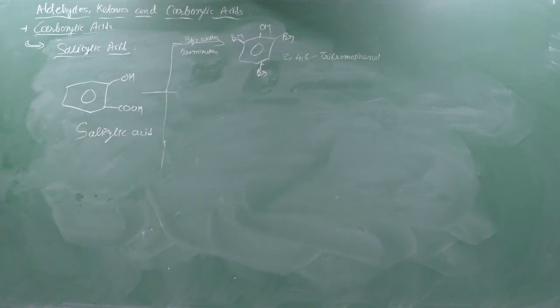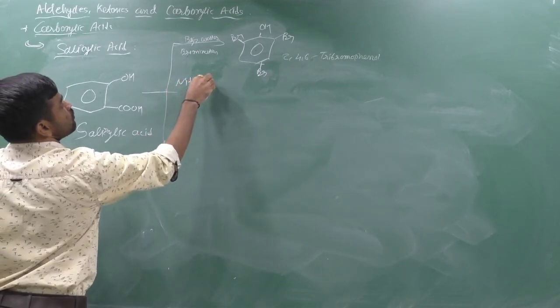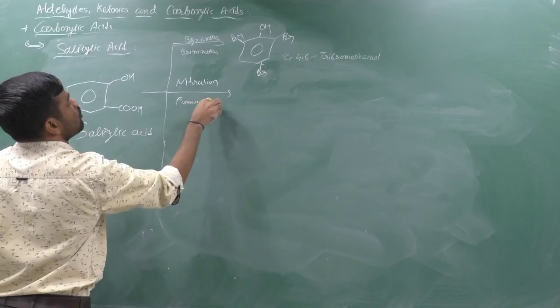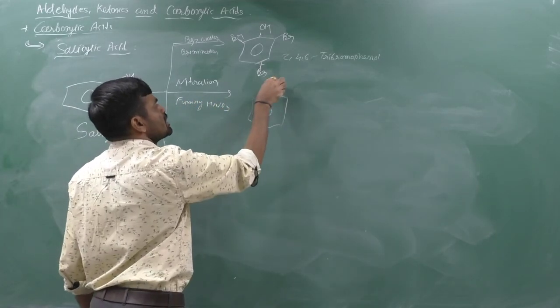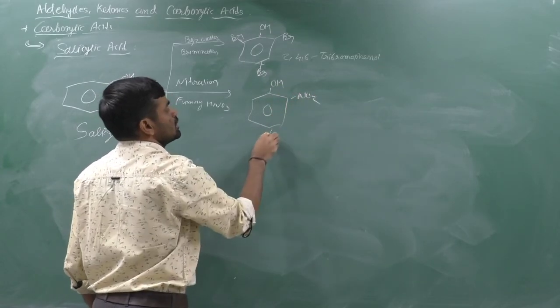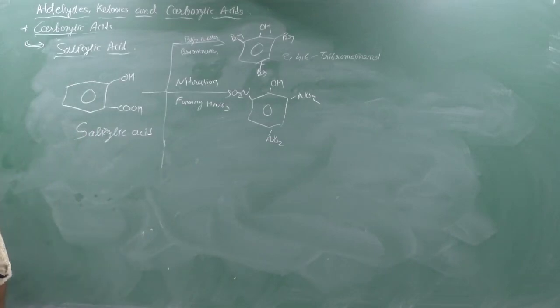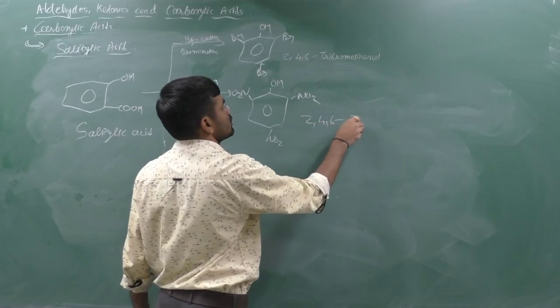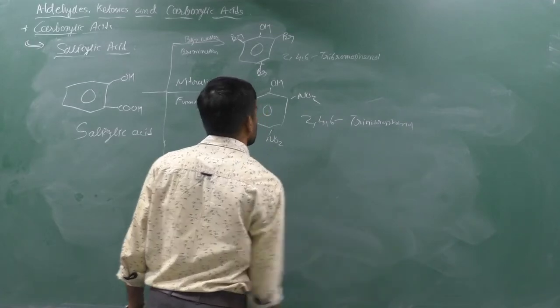If you treat with fuming HNO3 for nitration, then the product is the same. OH remains the same, here NO2, here NO2, and here also NO2. The name of this product is 2,4,6-trinitrophenol. It is TNT.